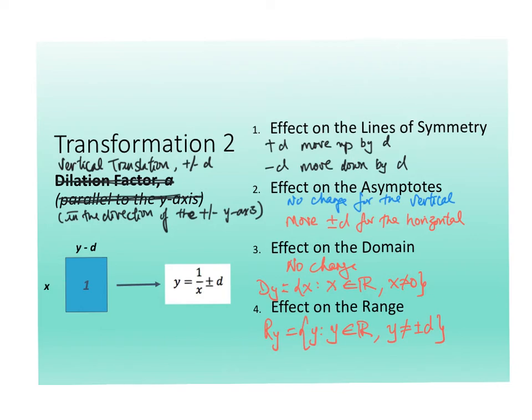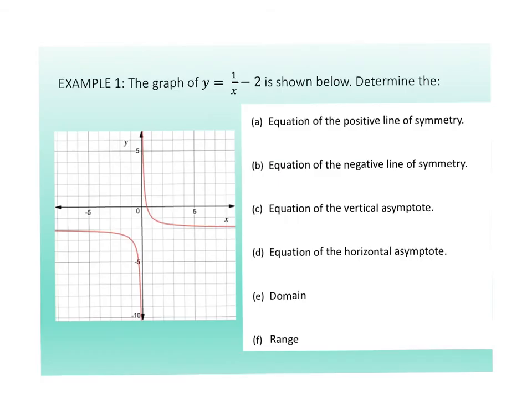Now, let's look at the third transformation. Now, let's look at the graph of y equals 1 over x minus 2. First, let's actually draw the line of symmetry in. Alright, this is the positive line of symmetry, and this is the negative line of symmetry.